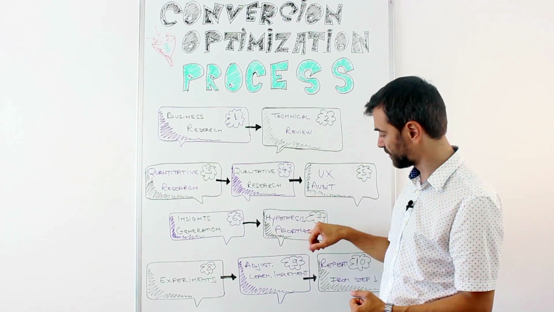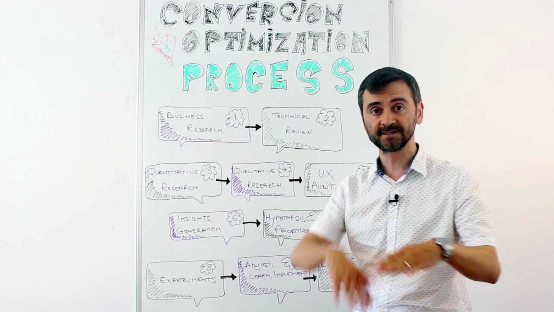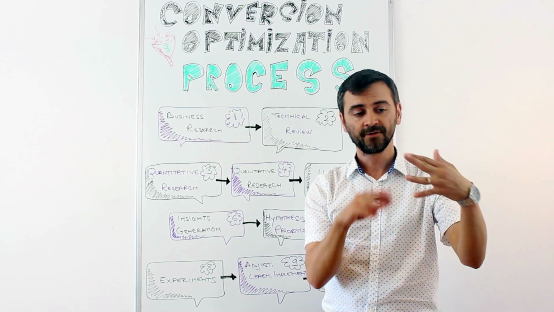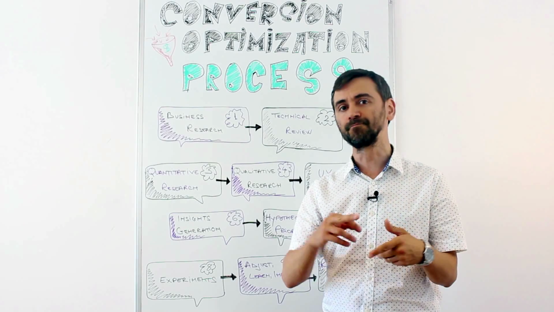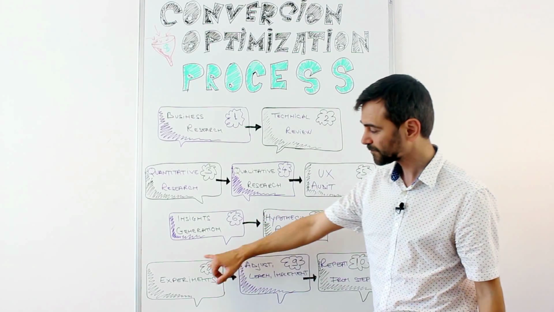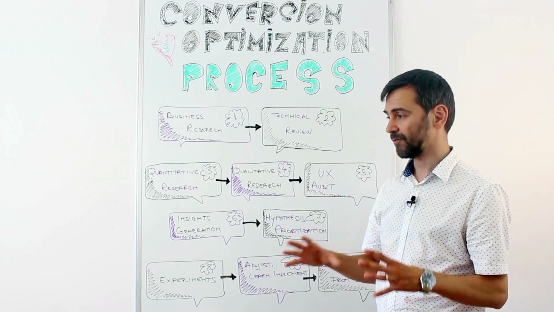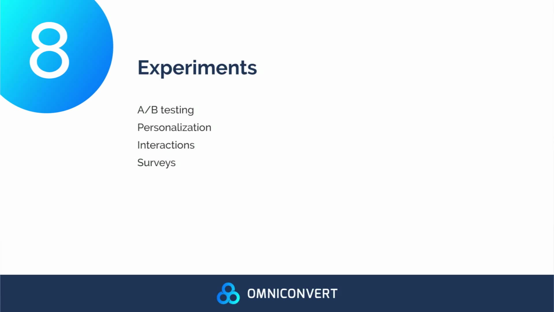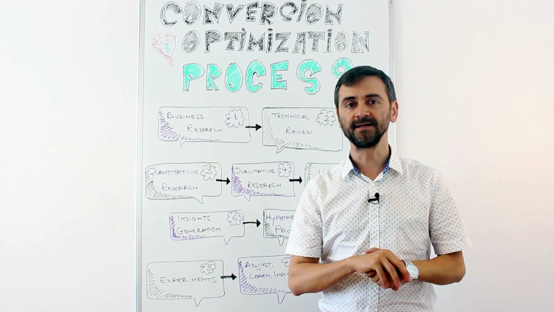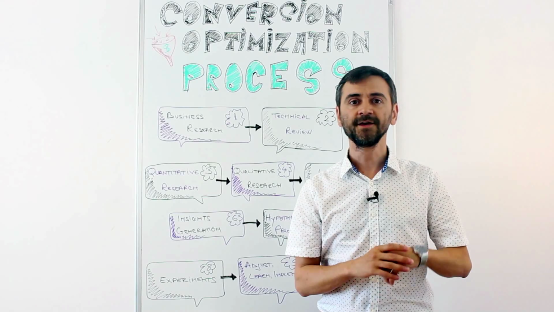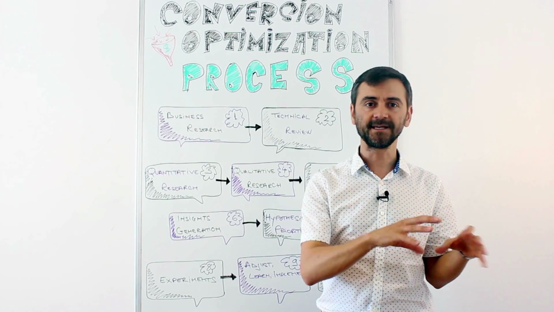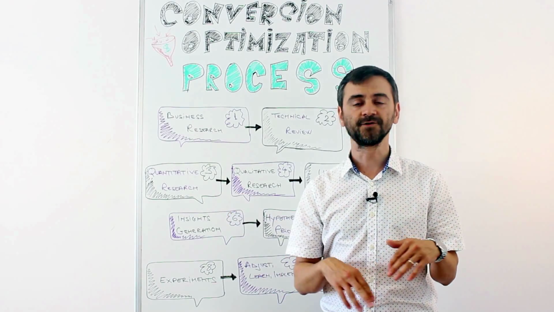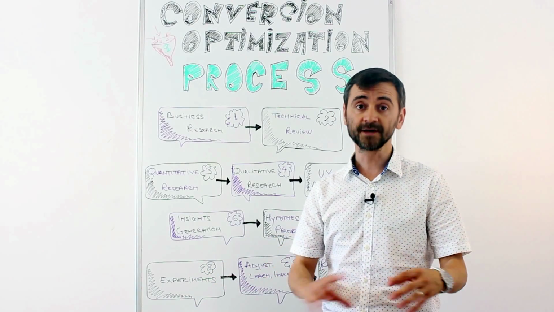So after you do all the prioritization according to their scores and you group them and you decide to do first things first based on the impact, the budget, the easiness score, you do the experiments. Running an experiment is very easy once you have all this data, but the experiment needs to be also tested. So after you implement the experiment into OmniConvert, for instance, you should take a look at how this impacts the whole flow. So that's why the QA is part of the experiment.